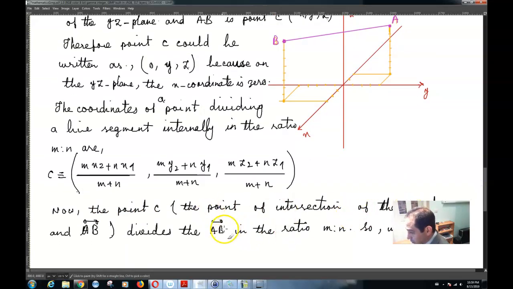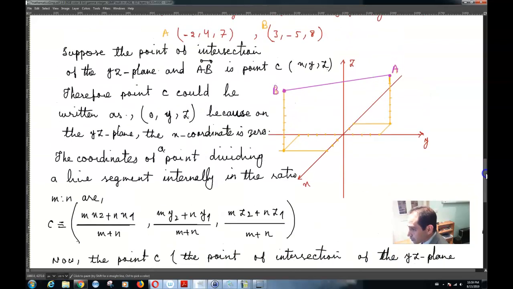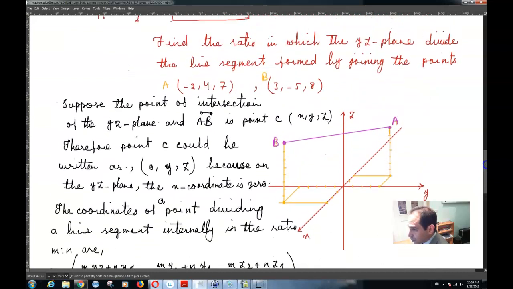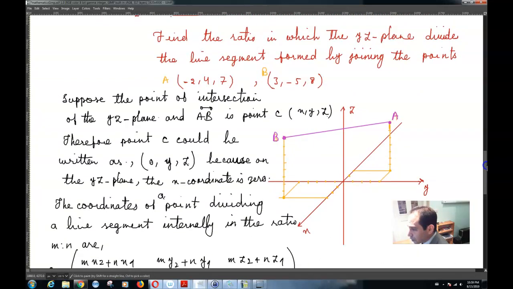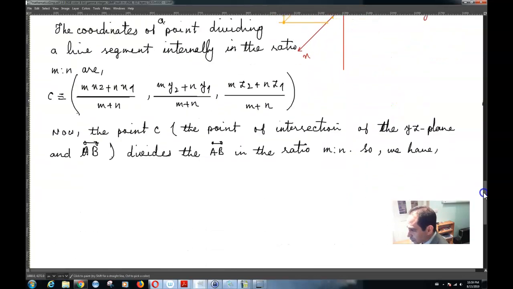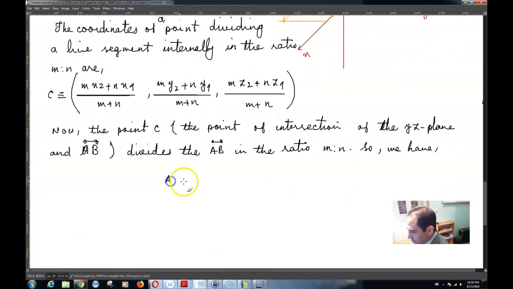I take A as point 1 and B as point 2. So over here, point A would be negative 2 comma 4 comma 7, and point B would be 3 comma negative 5 comma positive 8.